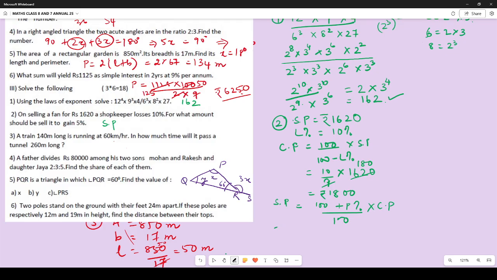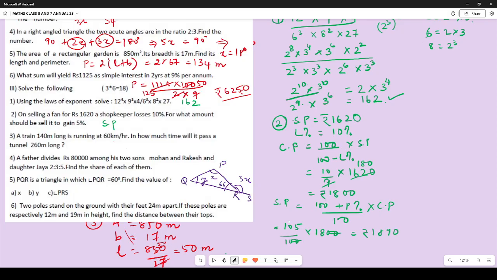So what does this become? This becomes 100. It needs to make 5%. So this is equal to 105 by 100 into CP, which is 1800. So we cancel out all the zeros and the answer that we get is rupees 1890.